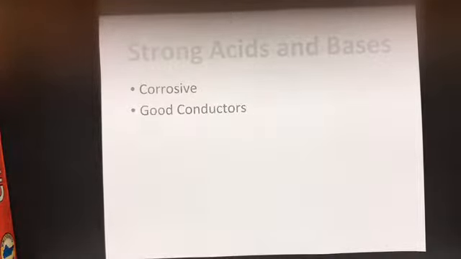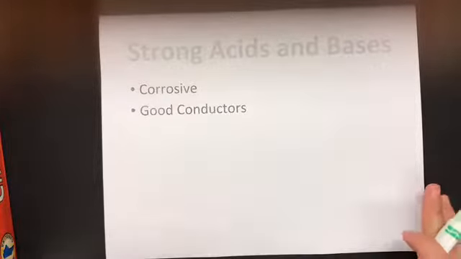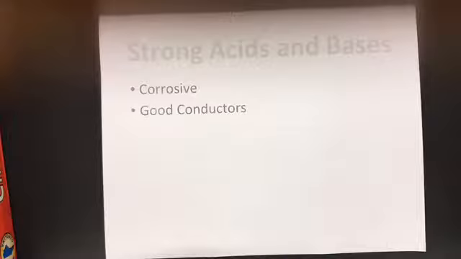So real quick, I want to talk about strong acids and bases because we have weak ones and strong ones. A lot of times people are scared of, oh, what's an acid? You give it some weird name, people start freaking out. So vinegar is acetic acid. Sounds much scarier when you say acetic acid, but it's a weak acid. It still has the same properties, it's just not going to be as corrosive.